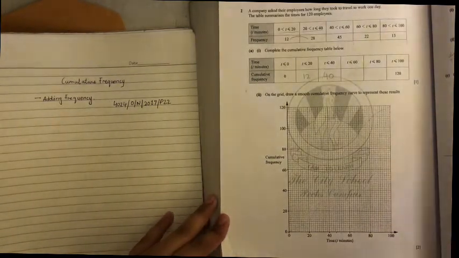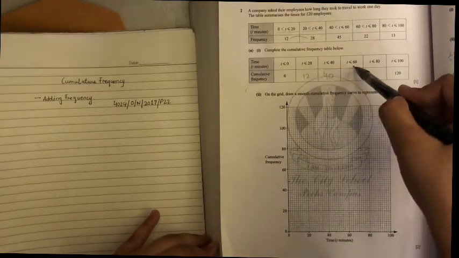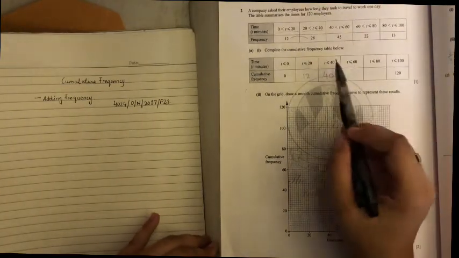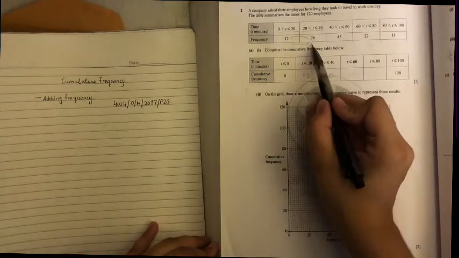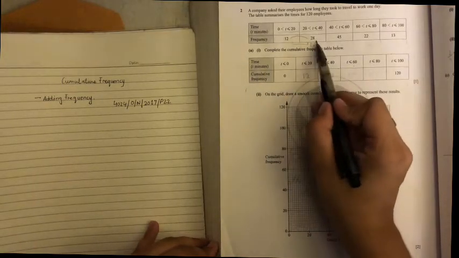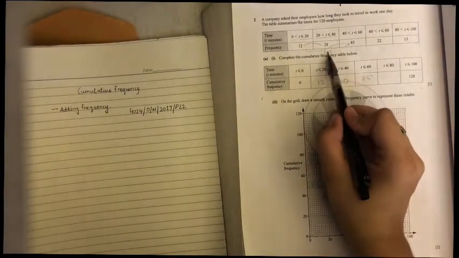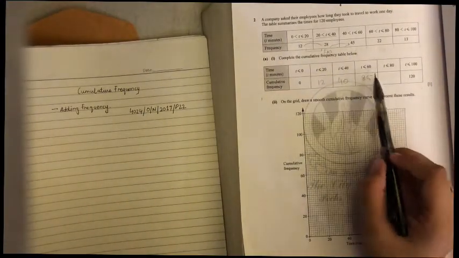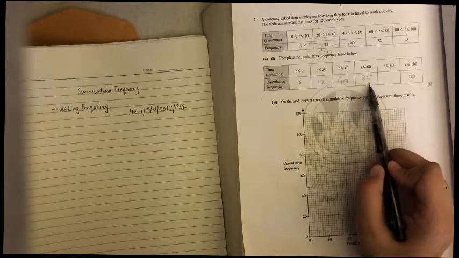So the cumulative frequency is 40. Now we have to calculate the cumulative frequency for 60. How will we calculate it? We'll add the sum of this, which came out to 40, into this. So when we add 40 and 45, we'll get the cumulative frequency for time 60, which is 85.